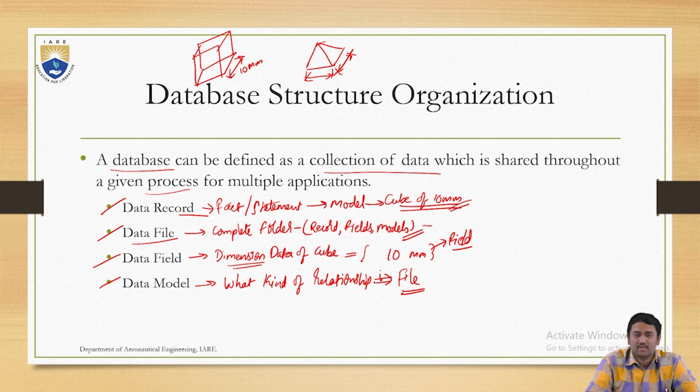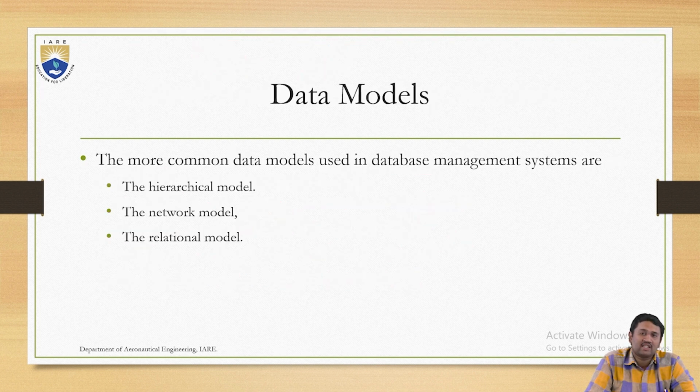A small relationship, because a relationship between two separate data sets will give you a better approach to identify as well as get your data access more easily. During this, we will see the different data models that are available and that we'll be using. The more common database models are your hierarchical model, network model, as well as relational model.